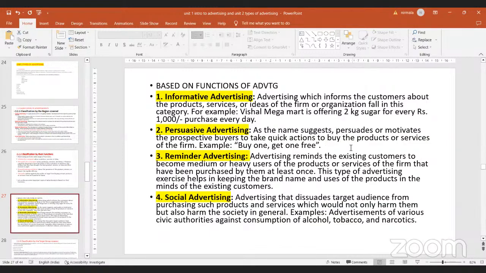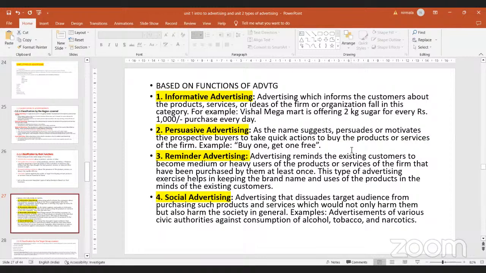And persuasive advertising persuades your customers, motivates them to buy your products or to make quick decisions regarding buying the products and services offered by a company. For example, if a buy one get one free offer is advertised by an organization, it influences the consumer to buy the product.